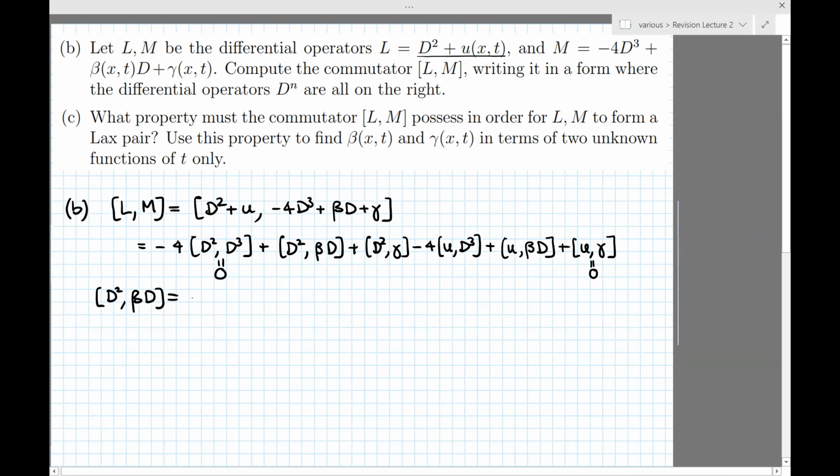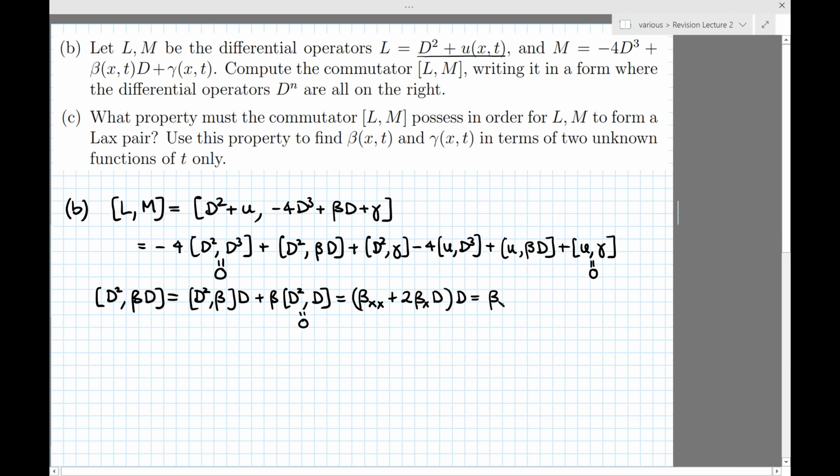This is equal to the commutator of d squared with beta, which multiplies d, plus beta times the commutator of d squared with d, using the last property derived in part A. So the second commutator vanishes, and the first commutator is computed in part A. That's equal to beta xx plus 2 beta x d times d.